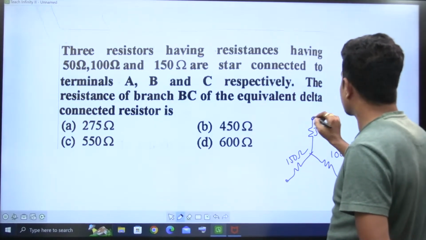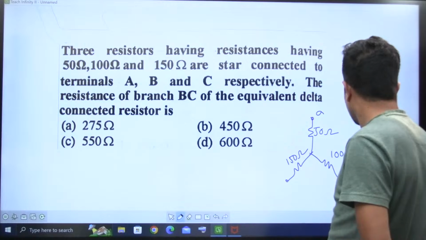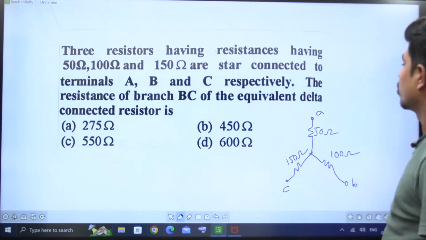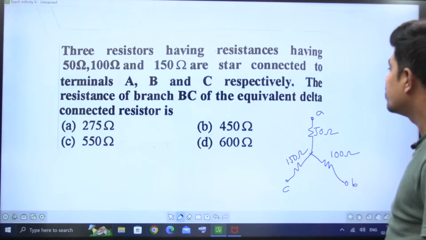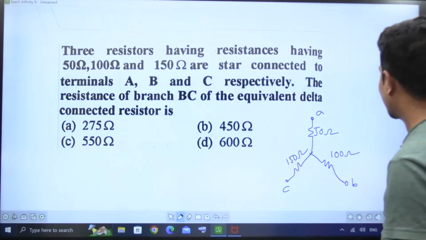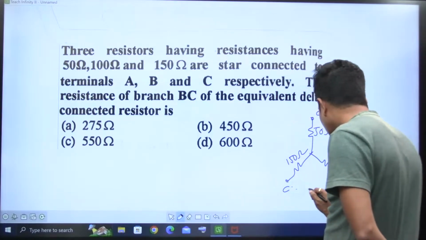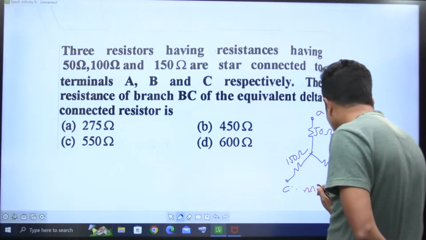This is A, this is B, this is C. The question asks the resistance of the branch BC of the equivalent delta connection. Direct question, no twist.